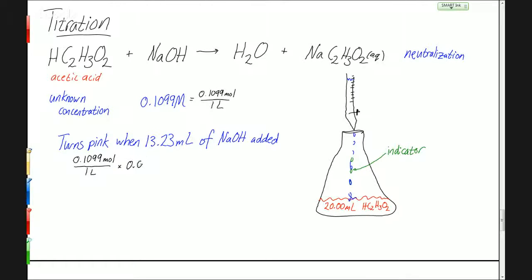So we have to convert this to liters to do that. So that's 0.01323 liters. Liters cancel.